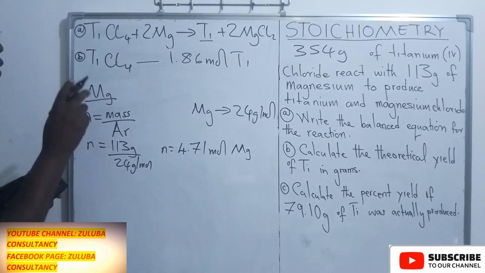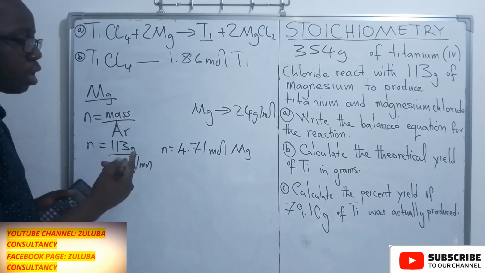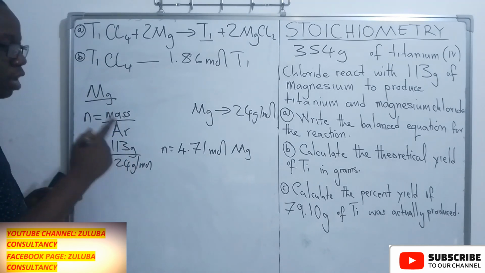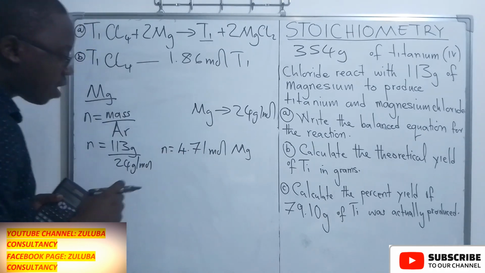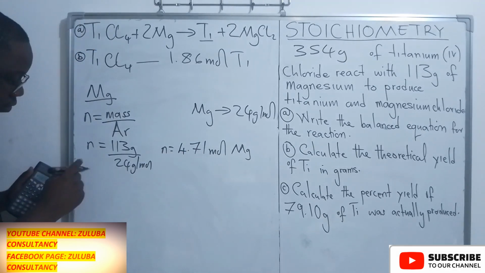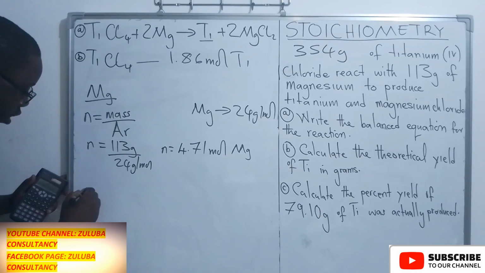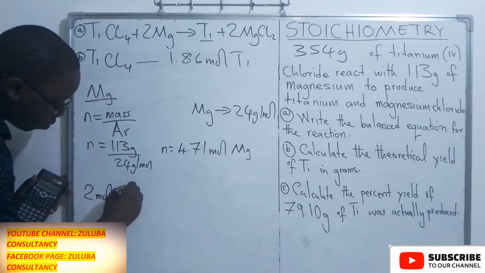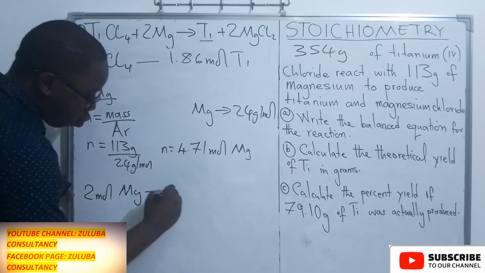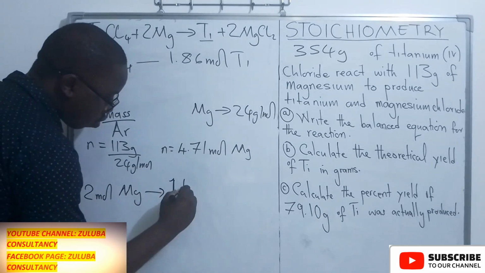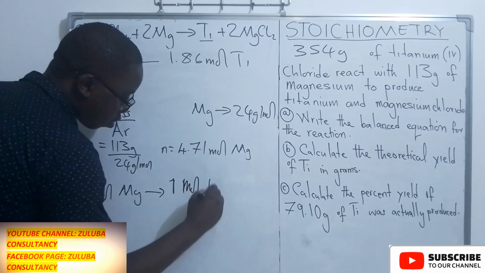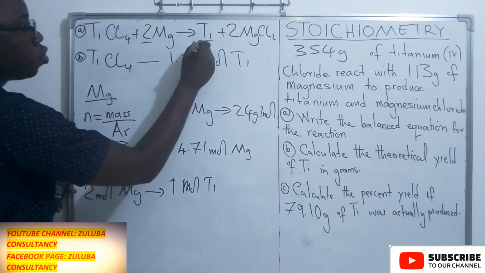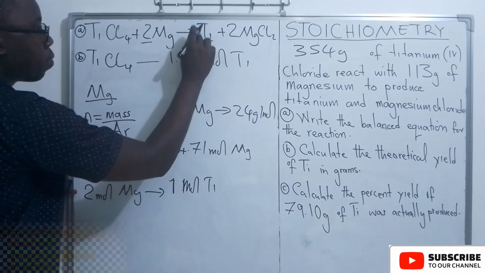So we have the number of moles of magnesium that are available. We need to use the mole ratio to see the number of moles of titanium that can be produced if magnesium is the limiting reagent. Magnesium is saying that when 2 moles of magnesium are used, 1 mole of titanium is produced. That is the 2 to 1 here.